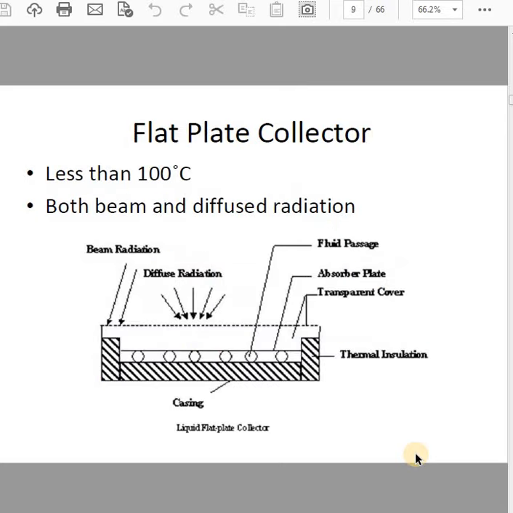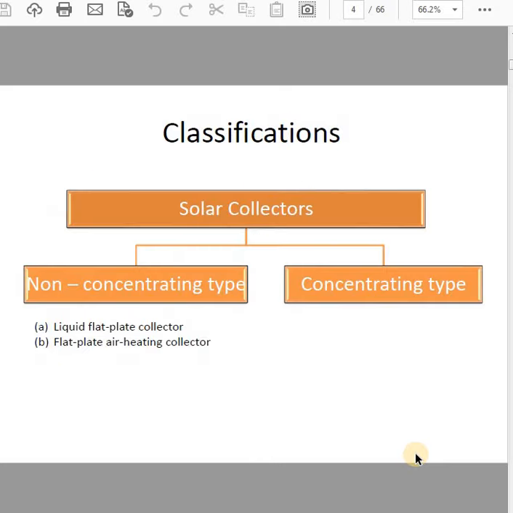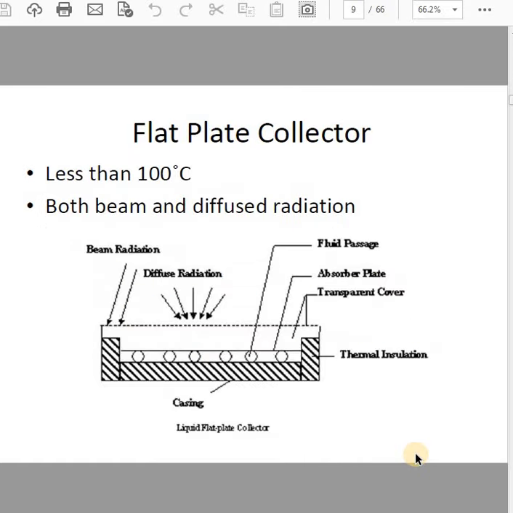Next, in non-concentrating type collectors, as you have seen, there are two types, liquid flat plate collectors and flat air heating collectors. Flat plate collectors are used as non-concentrating type collectors.